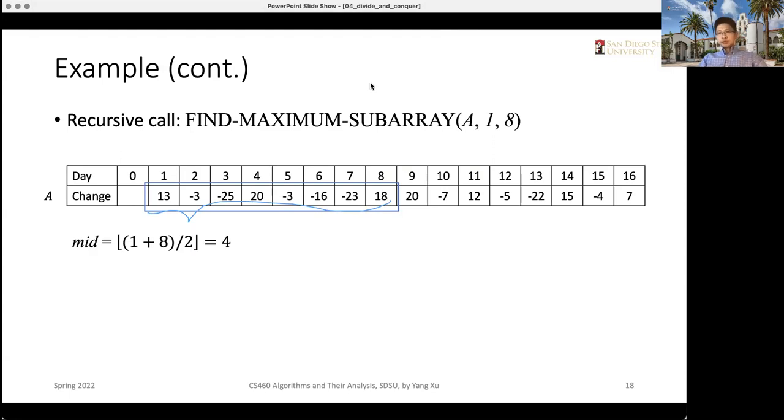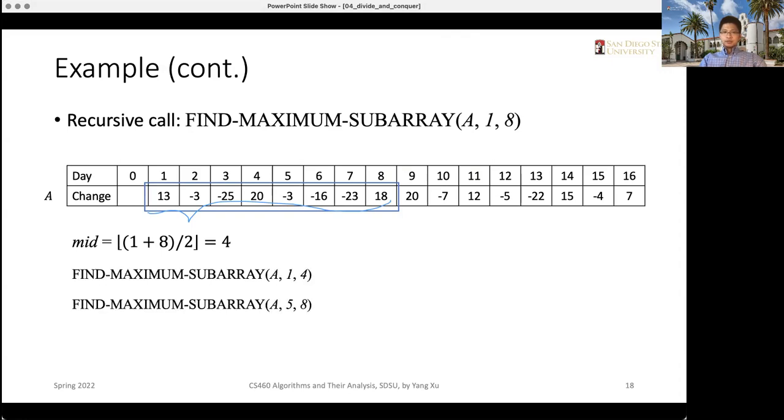And within this recursive call, we still need to compute the midpoint, right? And this midpoint is index 4. And this incurs further recursive calls, from 1 to 4 and from 5 to 8 respectively. And there is a further max crossing subarray call, right?